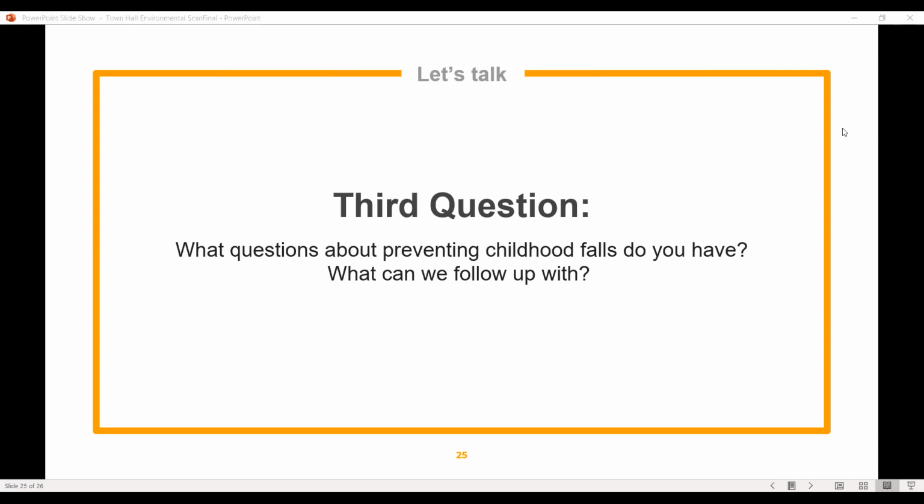So we've got a few comments here. Perhaps the language should be more strongly about preventing injuries from falls, not so much preventing falls. So preventing those injuries. Okay, that's a good perspective. What is the age range for specific injuries we are trying to prevent?